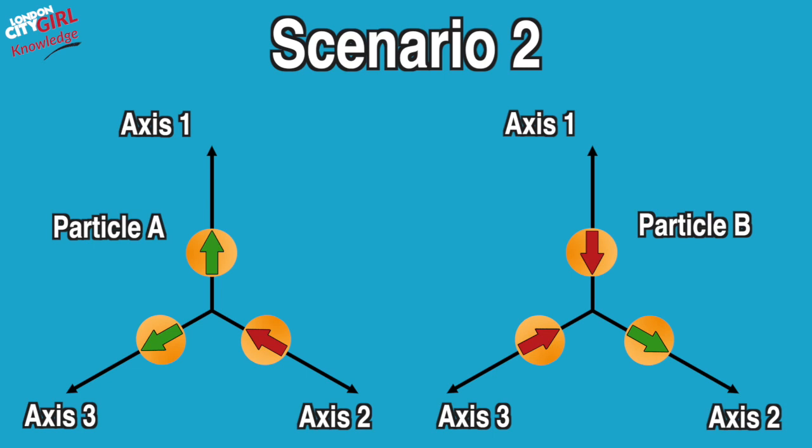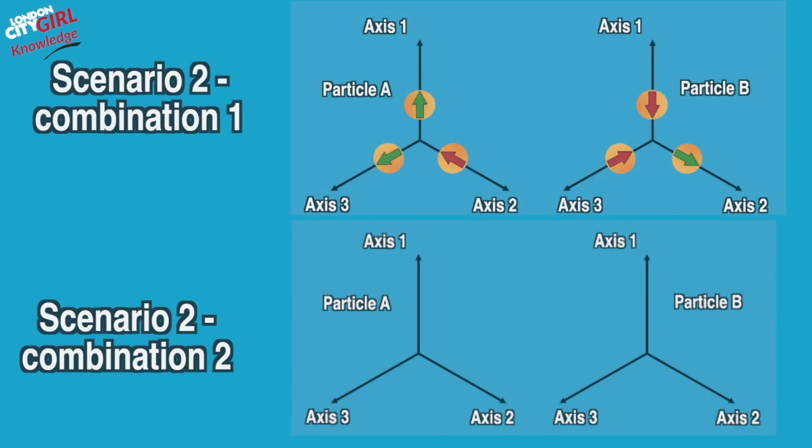Let's call the combination we have just described as combination 1, and we'll work our way through another combination, where particle A could decide to indicate spin down in axis 1, spin up in axis 2, and spin down in axis 3, while particle B decided to indicate spin up in axis 1, spin down in axis 2, and spin up in axis 3.